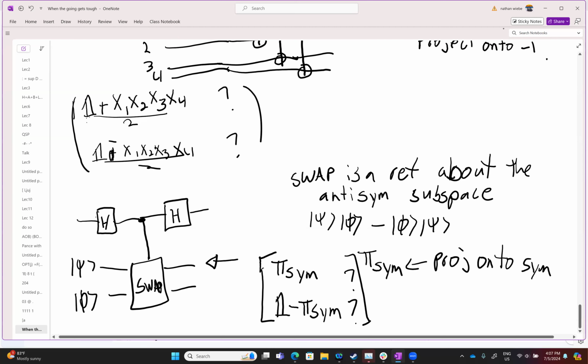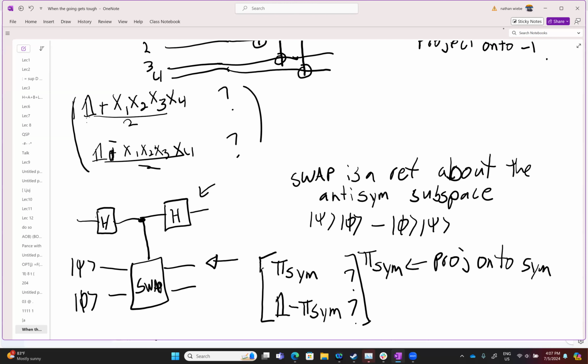So from this perspective, what this circuit, known as the swap test circuit, is doing is block encoding these projectors. And if we succeed, then we project a copy of psi phi over here into the same state, but projected only into the symmetric subspace. Otherwise, we're going to get a projection onto the anti-symmetric subspace.